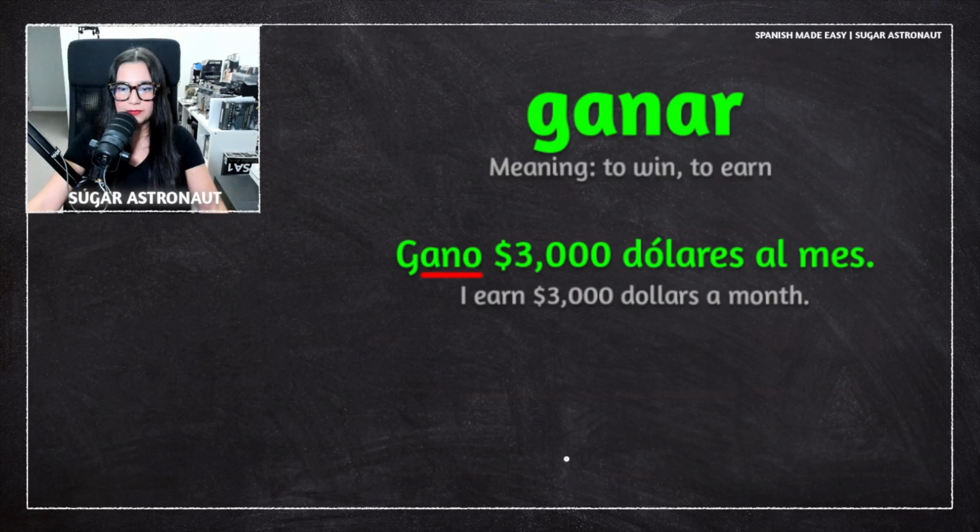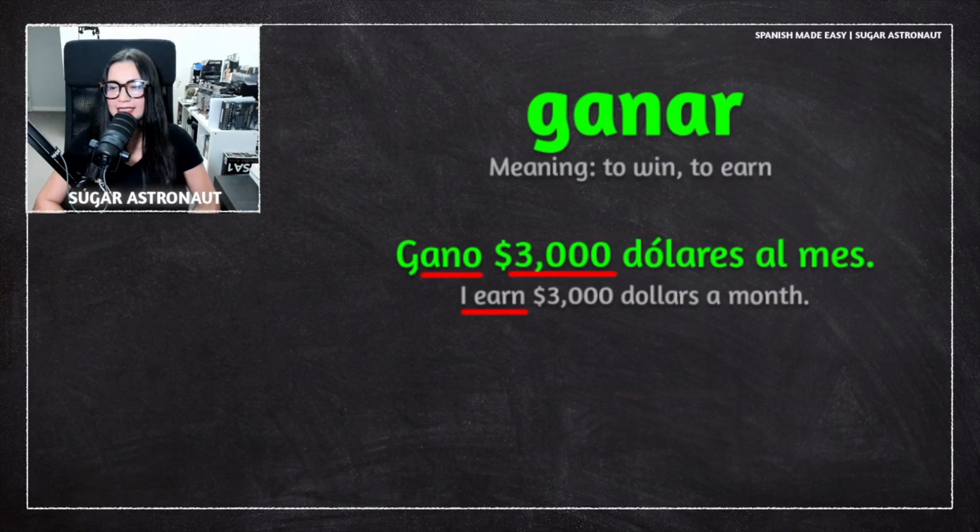Okay, let's move on. Gano, I earn, gano, 3,000. Do you know how to say all the numbers in Spanish? 1, 2, 3, 4, 5, 6. Those are simple, basic numbers. But how about 100, 200, 300, 1,000, 2,000, 1,000,000, 1,000,000,000, 5,000.